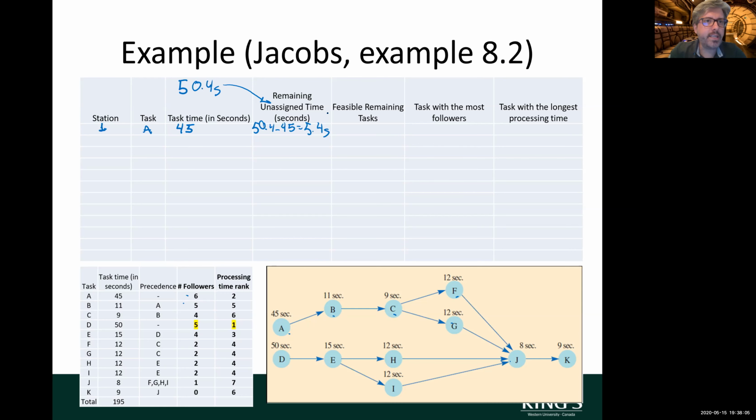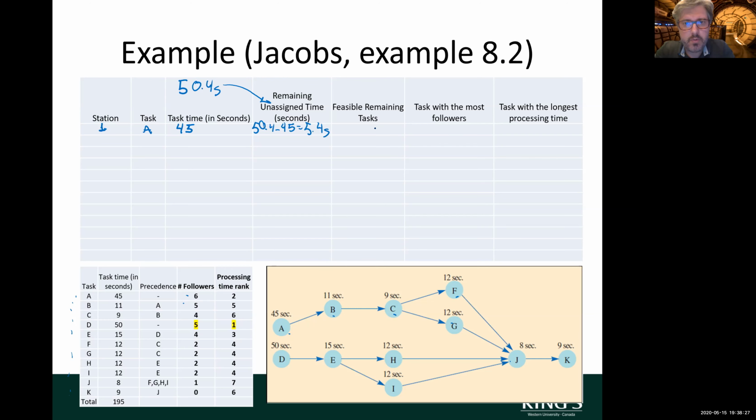So in theory, now I should be able to look if there are any tasks that can be added into this workstation. I only have 5.4 seconds left. So I'm going to look into each one of these activities. Do I have anyone with 5.4? I don't have anything with 5.4. So can't do anything anymore.